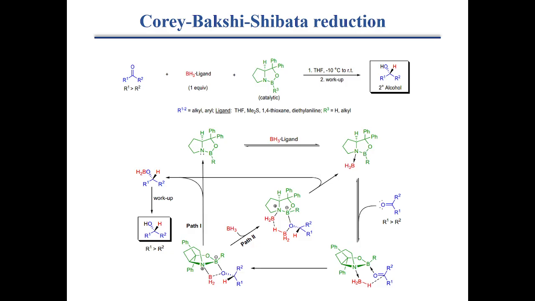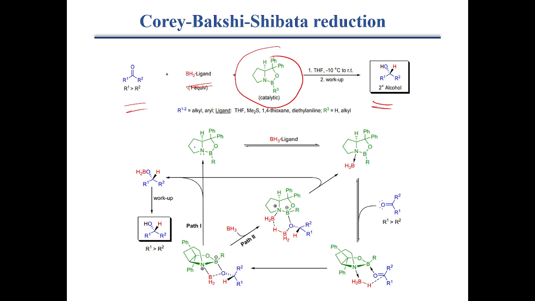Now we'll discuss Corey-Bakshi-Shibata reduction. This is the chiral reagent which has been used in Corey-Bakshi-Shibata reduction. Any ketone or aldehyde under BH3 THF or BH3 dimethyl sulfide combination is reduced to alcohol under this kind of active catalyst.